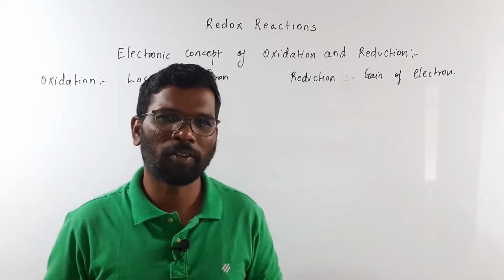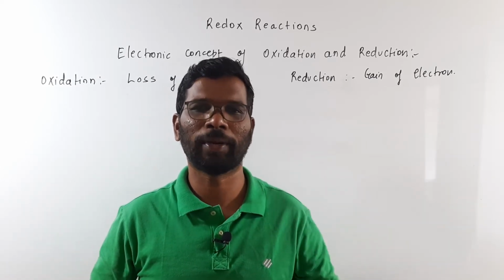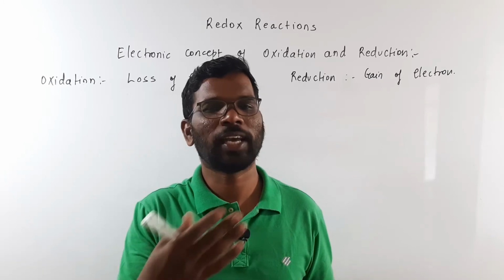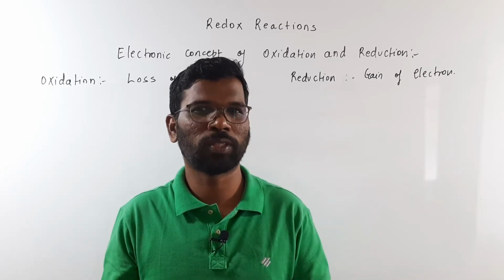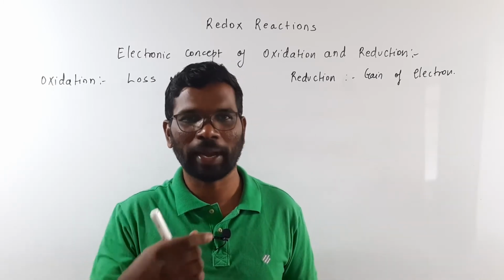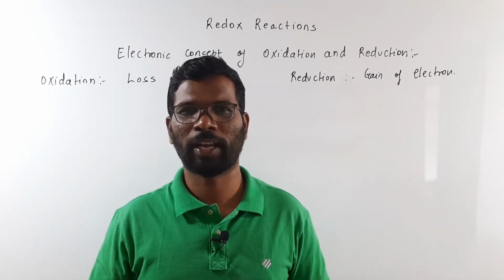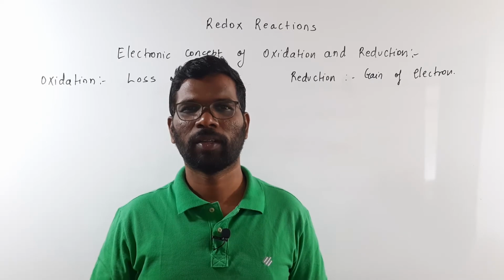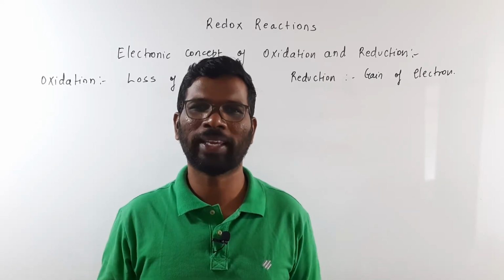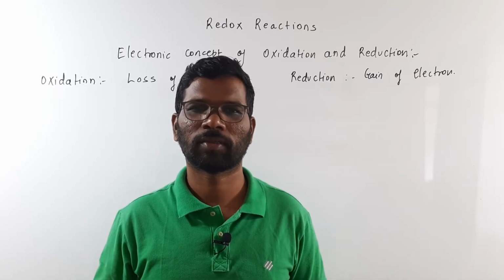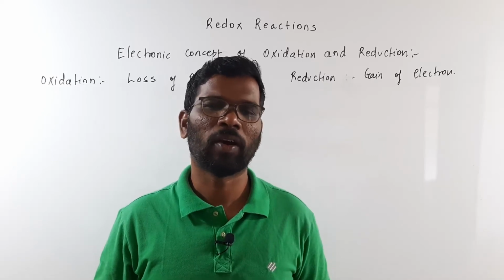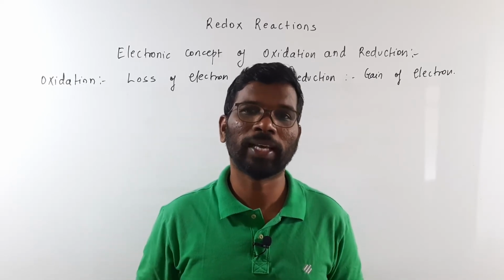What is the main aim of all these elements? All the elements or atoms whose octet is not complete, who don't have 8 electrons in the outermost shell, except elements like helium, always tend to lose or gain electrons to complete their octet or to have a stable noble gas configuration.